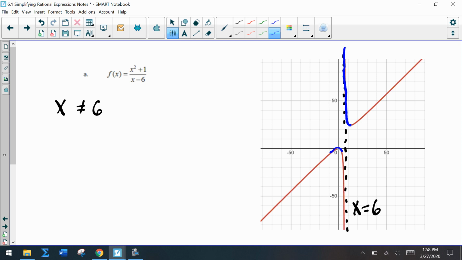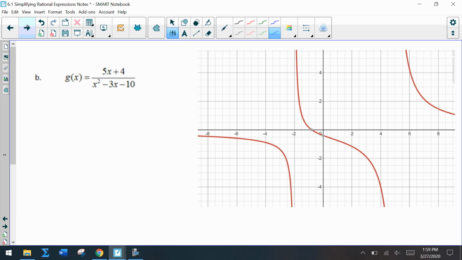In the same way, this part of the graph will get closer and closer to x equals 6, but it won't touch. So that vertical line that we're drawing there is called an asymptote. That's going to be important when we start graphing, but right now we're just getting used to what rationals look like graphically, and then we can work with them a bit more later on in the unit.